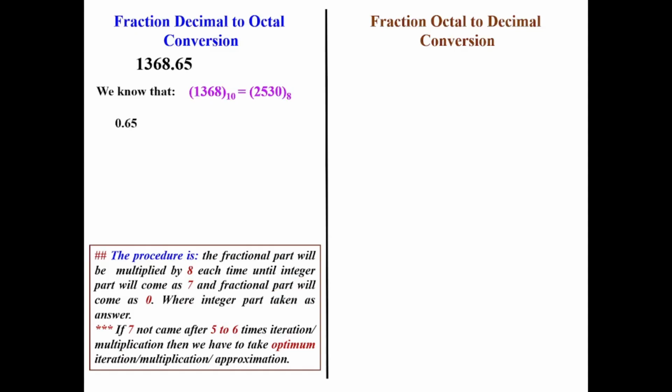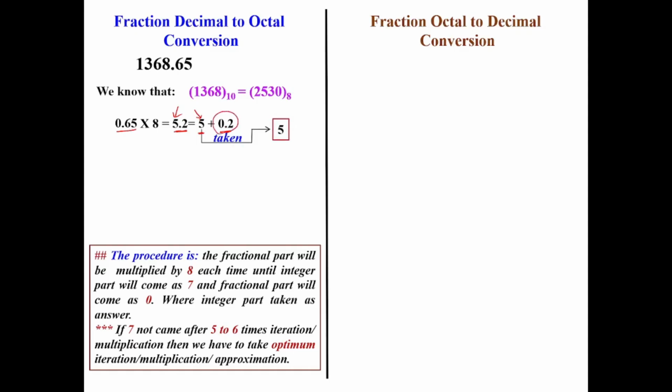So we consider 0.65 multiplied first by 8, and we get 5.2. In 5.2, 5 is the integer part and 0.2 is the fractional part. Here we did not get the 7, but this is the answer: 5, the integer part, is taken as the answer separately and written over here.